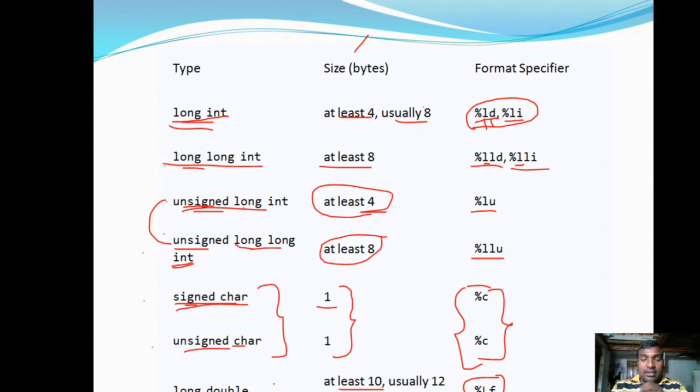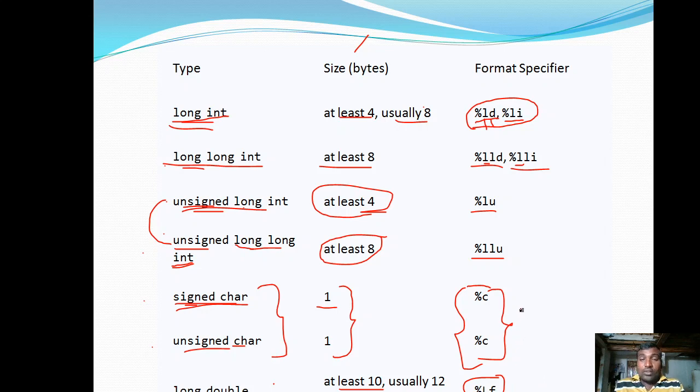So long double requires at least 10 bytes of memory, and usually either 12 or 16 bytes of memory will be reserved to handle the long double data type. The format specifier associated with long double is %Lf, capital L and a small f.